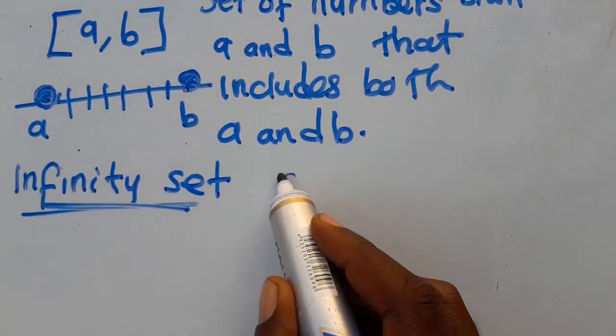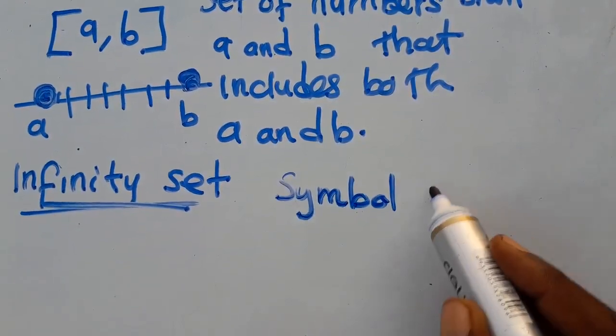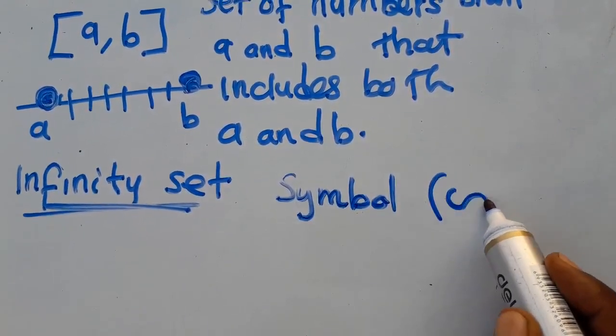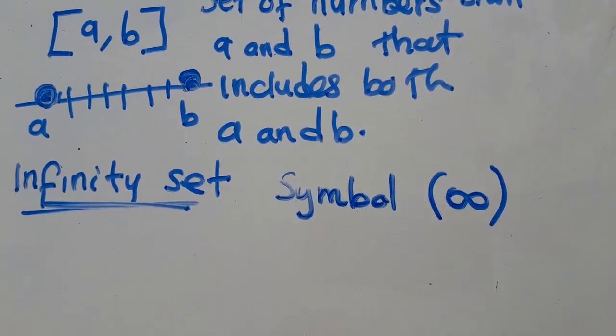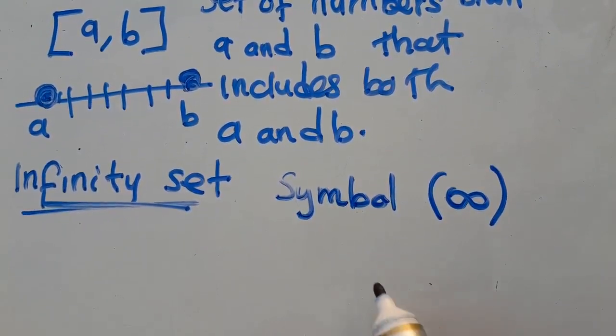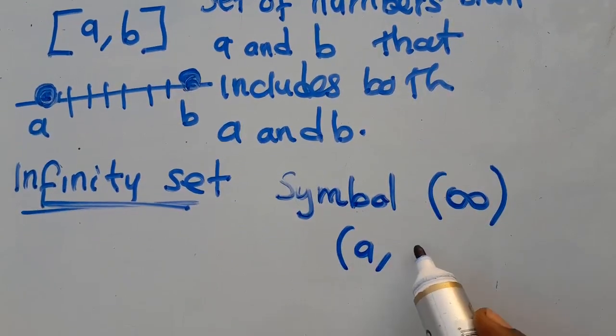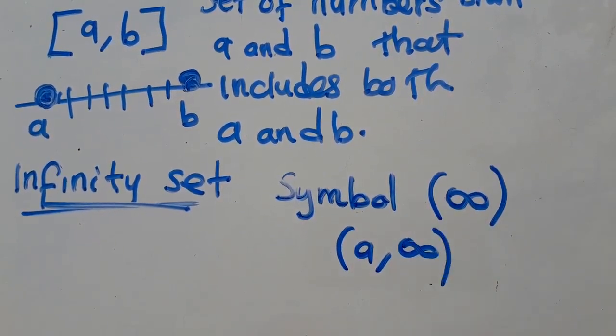The symbol that you need to know for an infinite set is this symbol like this. Have you seen? This can also tell you, like, we've got A, comma, infinity, like this. What does this mean? A, comma, infinity.